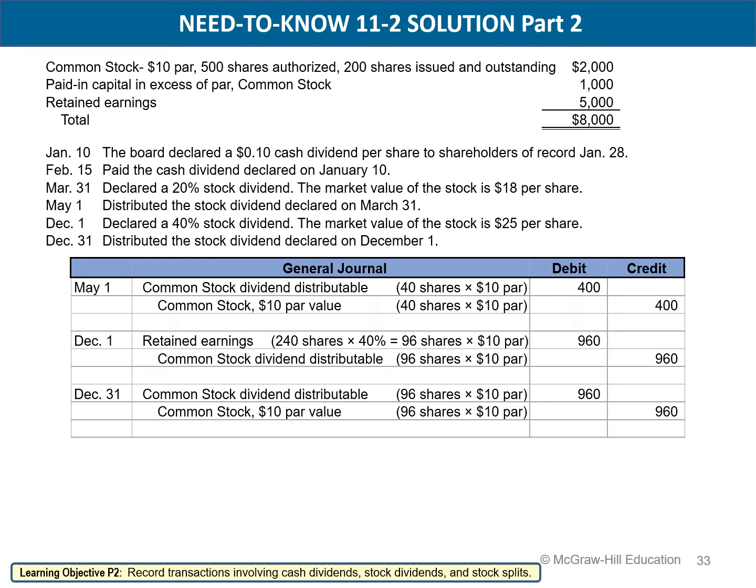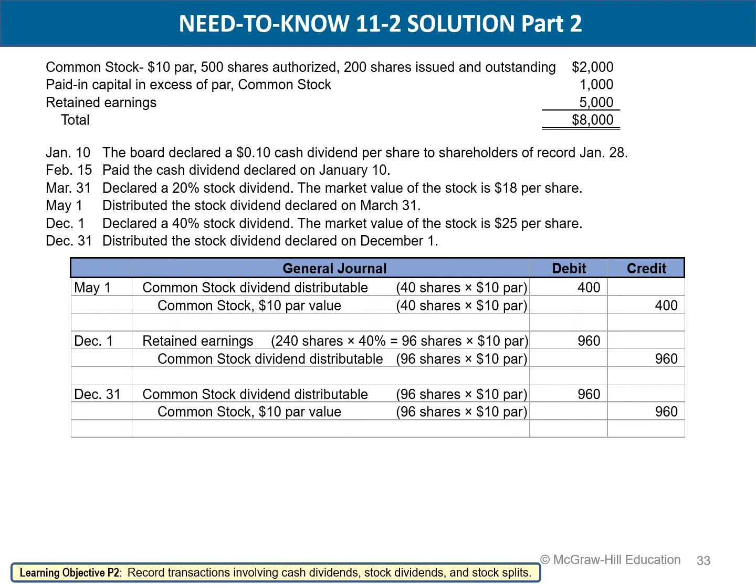So we have 240 shares issued and outstanding now, times the 40% stock dividend. So we're going to issue another 96 shares at our $10 par. That gives a reduction in retained earnings of $960, and a common stock dividend distributable liability account created at the date of declaration for $960.